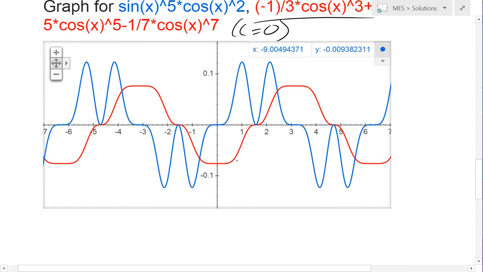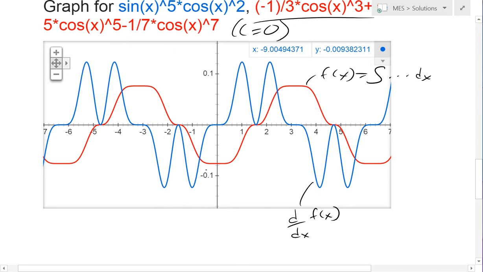You can consider the integrand as the derivative, d/dx of f of x, and this as f of x, which equals the integral of the function we were just doing.